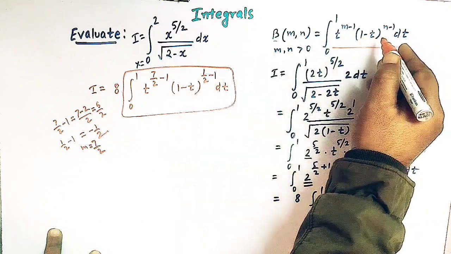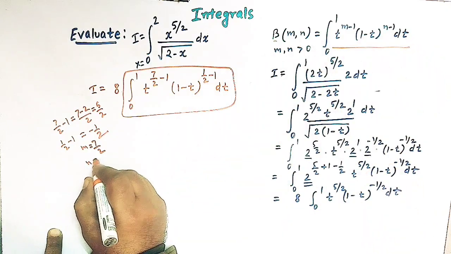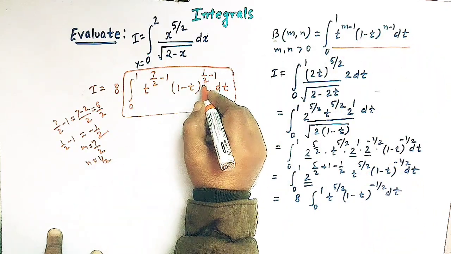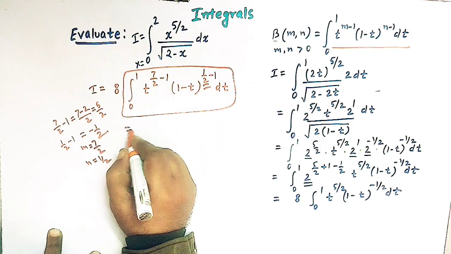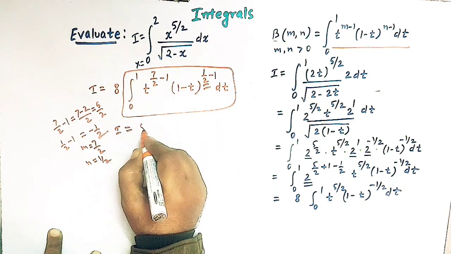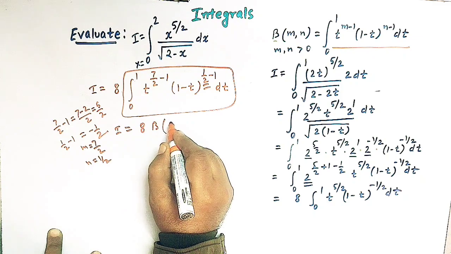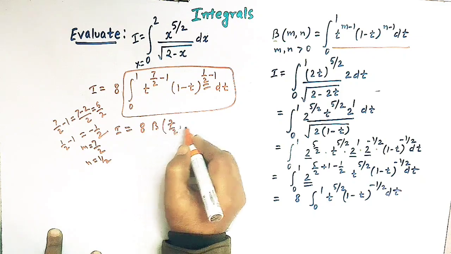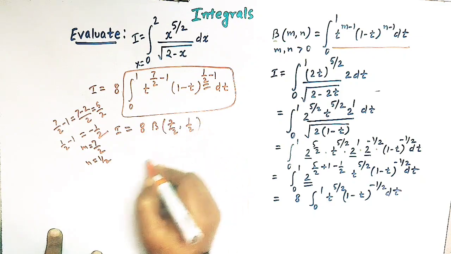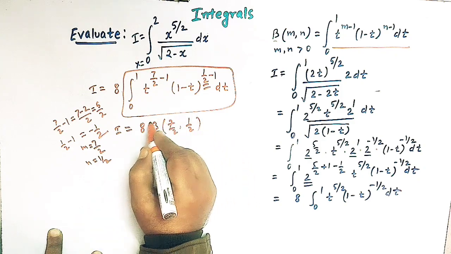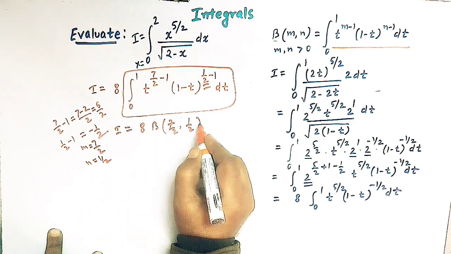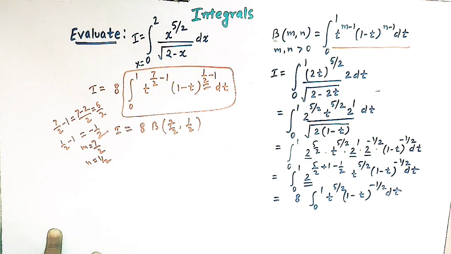Comparing again, we can write n is equal to half, right? So now we can write this integral I as 8 times the beta function, beta(7/2, 1/2), right?